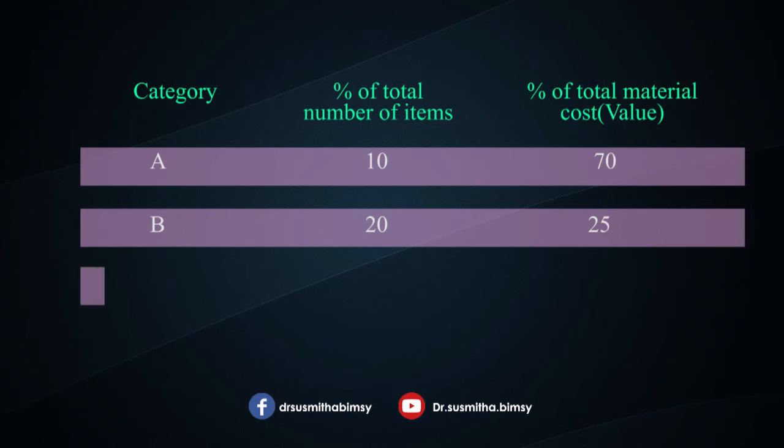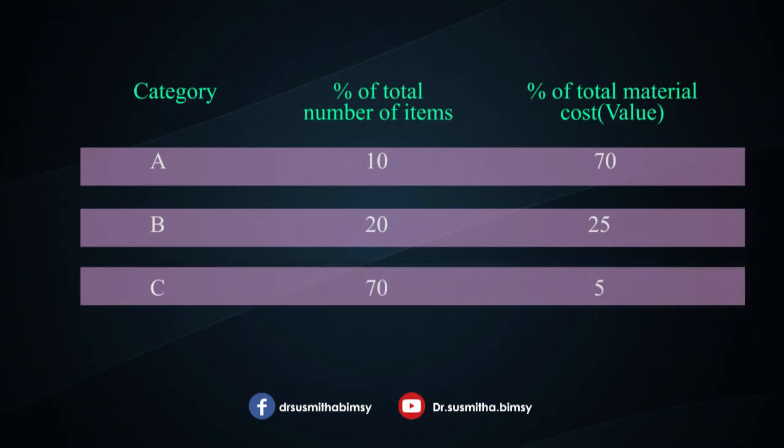Then category C constitutes 70% of the total items, but it represents only 5% of the total value. These are low value materials. This ABC analysis is also called proportional parts value analysis or demand and supply method.